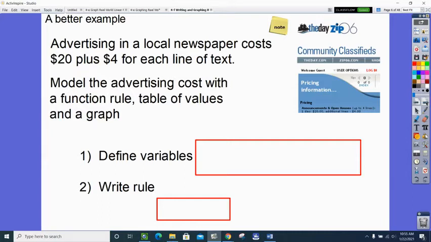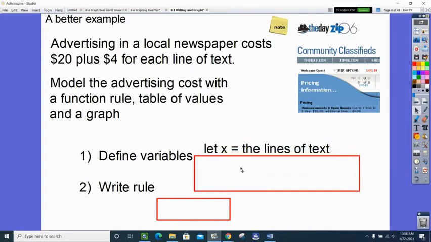Before I start, I have to think about what the two things that are varying are. What are the two variables? What do I get to decide right now? I get to decide how many lines of text I'm going to write. That's my independent choice. That's going to be my X. So I'm going to let X be the number of lines of text.